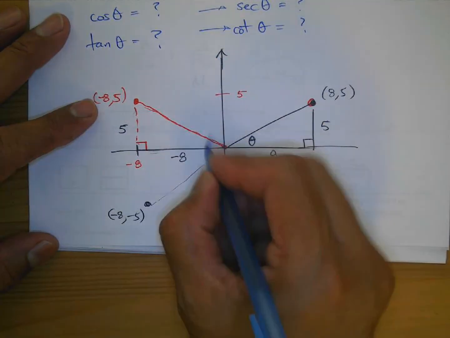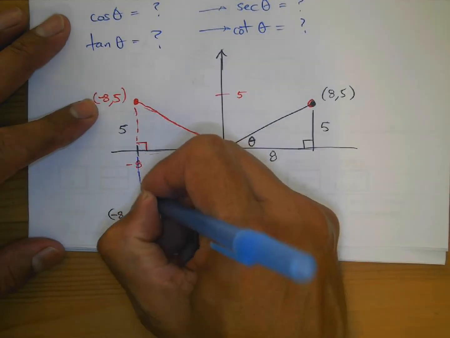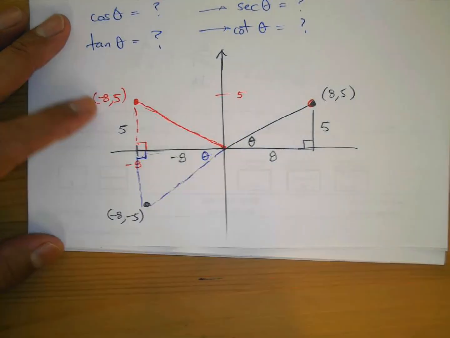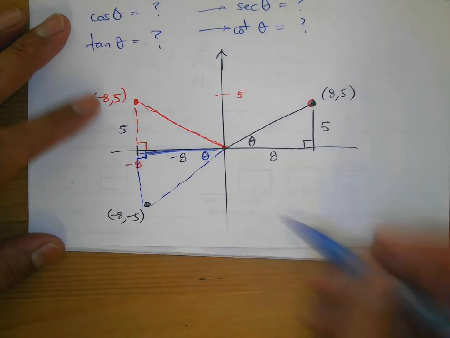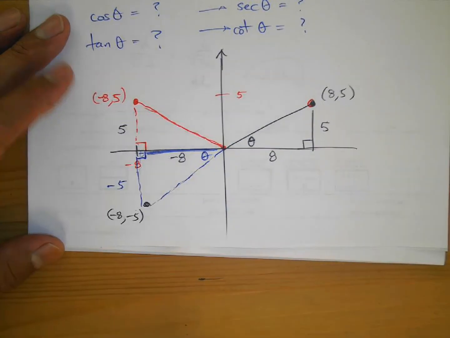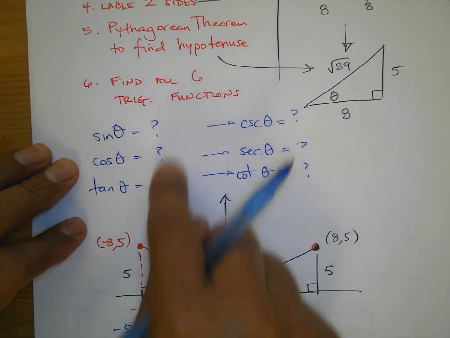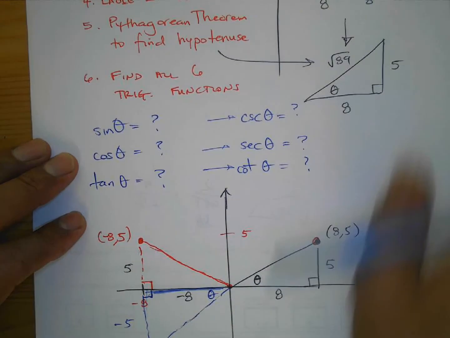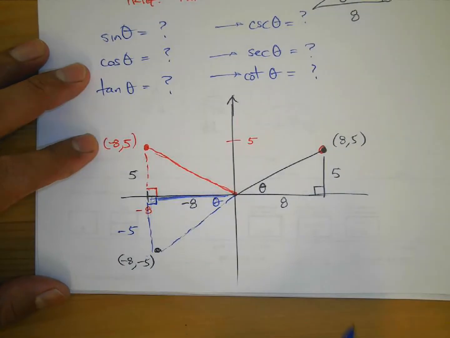So now this triangle here, this one is still -8 right here. But now this one is -5. And when it has a negative, you have to put them in your ratio. That's why you have some positive and some negative ones. Okay.